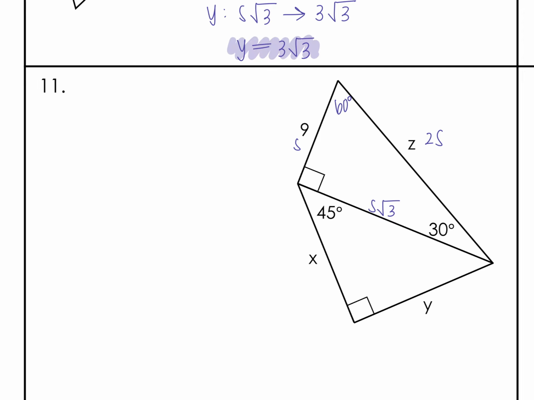I'm doing this in different colors, and for some of you, you might want to do this labeling with different variables. But here, I know that my s is equal to 9. So when I'm looking for z, that is my 2s. So I'm going to take 2 times 9, and we get 18. So z is going to be equal to 18.